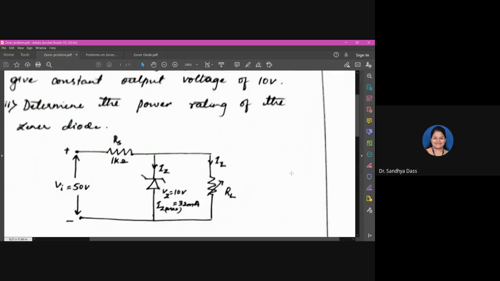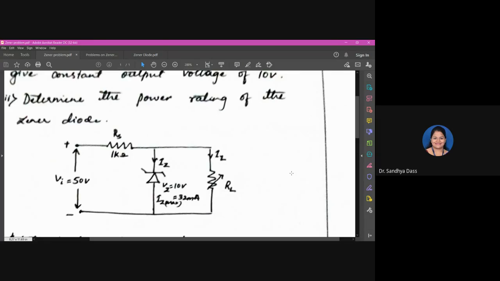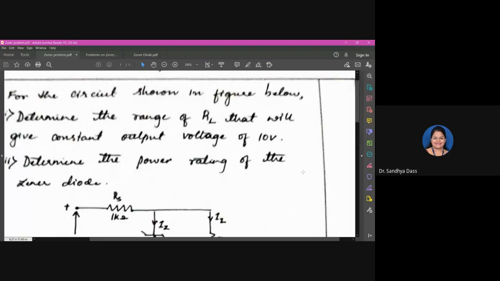VI is 50 volts. RS is 1 kilo ohm. VZ is 10 volts. And IZ maximum Zener current is 32 milliamps. And the question is this.